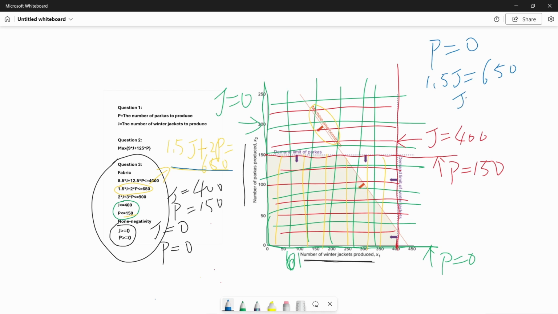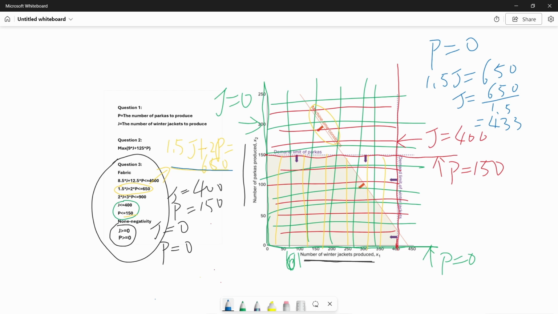So then J will equal 650 divided by 1.5. This is going to give me the value of 650 divided by 1.5, so we will receive 433. So it's approximately 433.